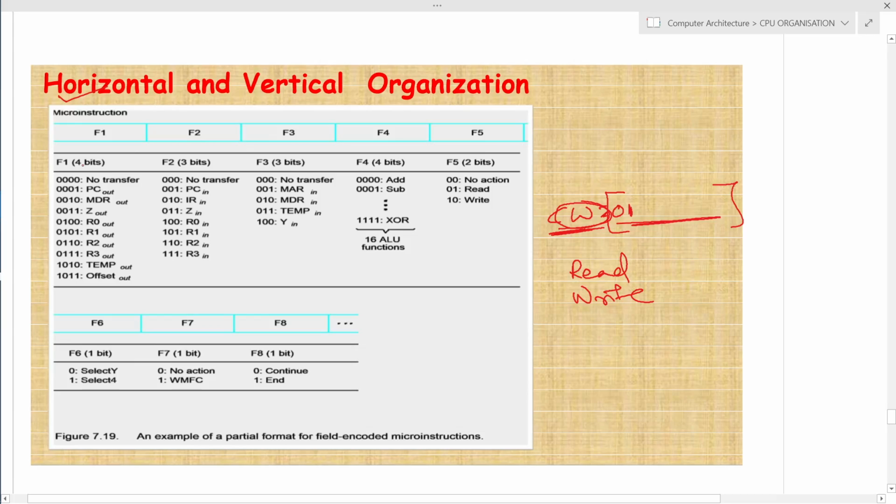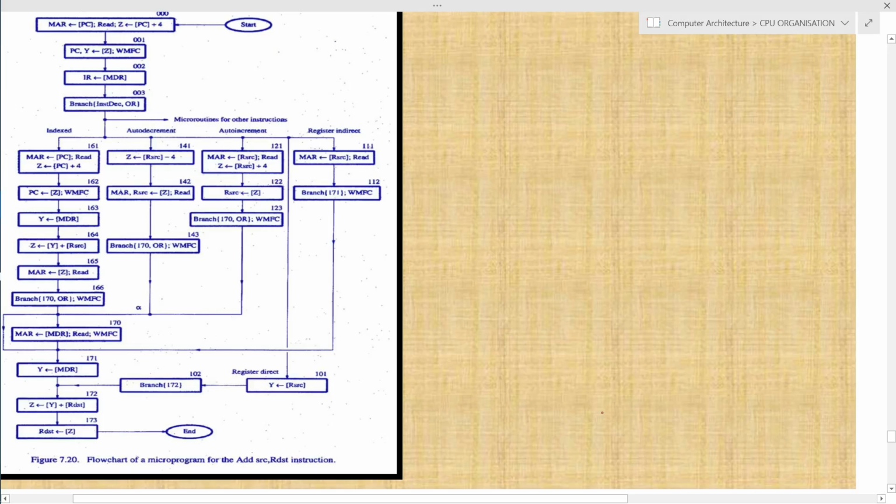Now coming to an example, we have to show how the different control words execute on a particular example, where we have to get the operand in different ways. This is an addition operation with the instruction like this: add, source, and destination.